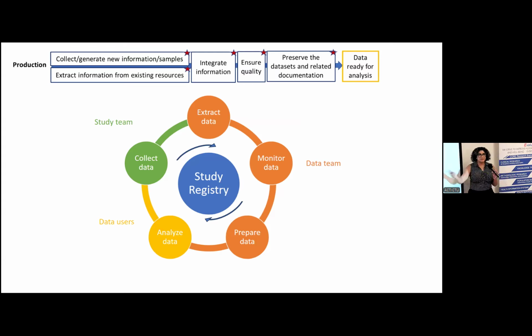Moving forward, I'll focus on monitoring and preparing data sets. But essentially, with the study team, we determine how many times we are doing this. Is it 4 times a year, twice a year? It depends on the needs of the project, but it's good to periodically do these data extractions and do a release of the data.